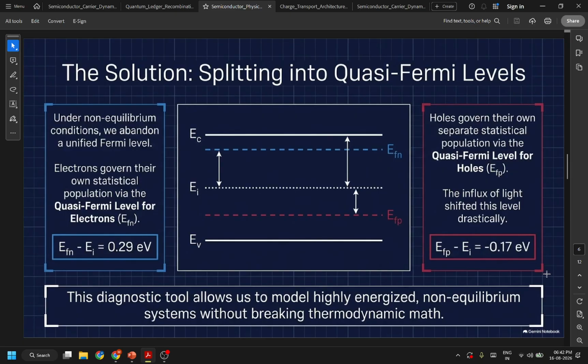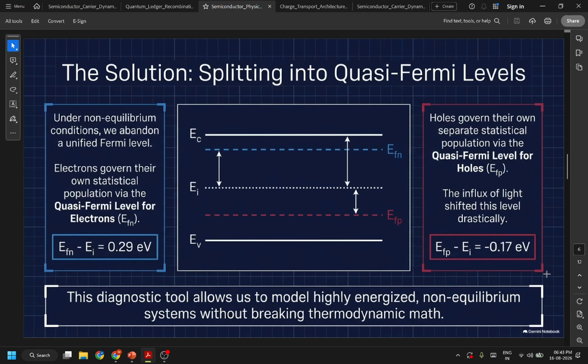So under non-equilibrium conditions, we abandon a unified Fermi level. Electrons govern their own statistical population via the quasi-Fermi level for electrons, and holes govern their own separate statistical population via the quasi-Fermi level for holes, which is EFN for electrons and EFP for holes.